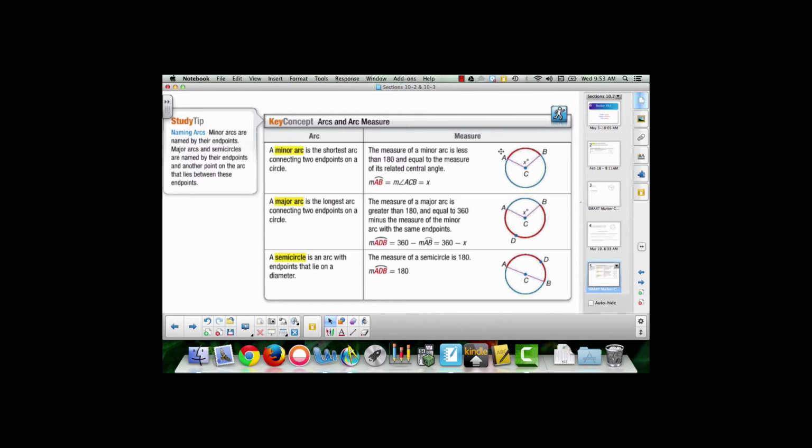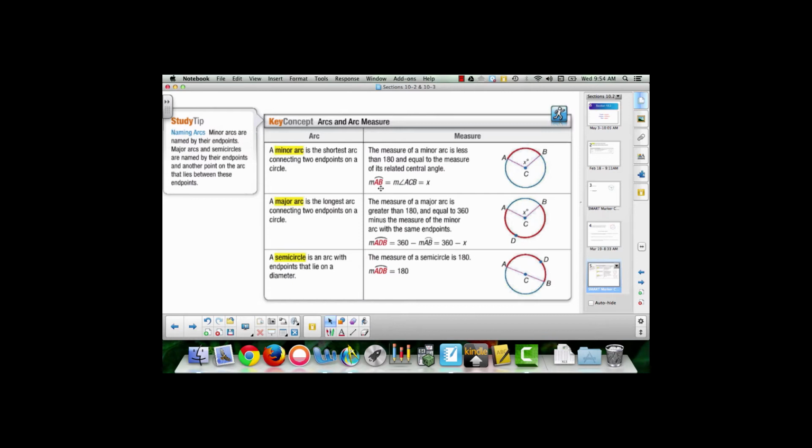Minor arcs are named by their endpoints, so they only have 2 letters in their name. Notice that we have this symbol over the name of the arc that shows us that this is an arc. Remember that there are lots of different shapes that have 2 letters in their name: segments, lines, rays, and now arcs.